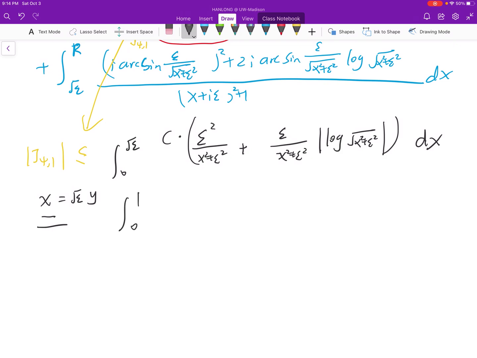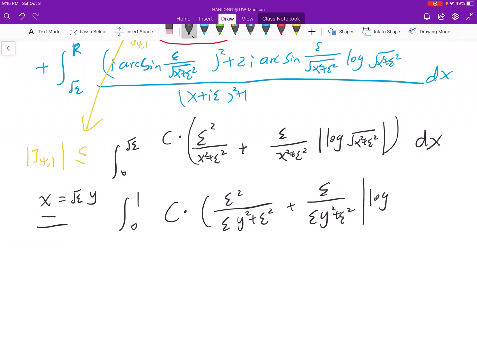Then the integral is from 0 to 1 of some constant times epsilon over epsilon y squared plus epsilon squared, plus epsilon over y squared plus epsilon, times log of square root of epsilon y squared plus epsilon squared, square root epsilon dy.